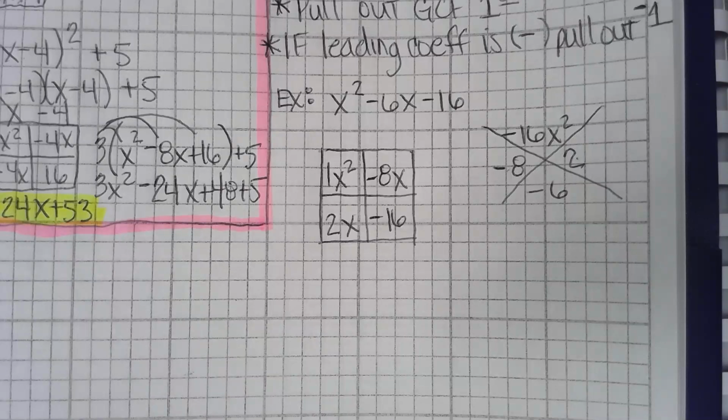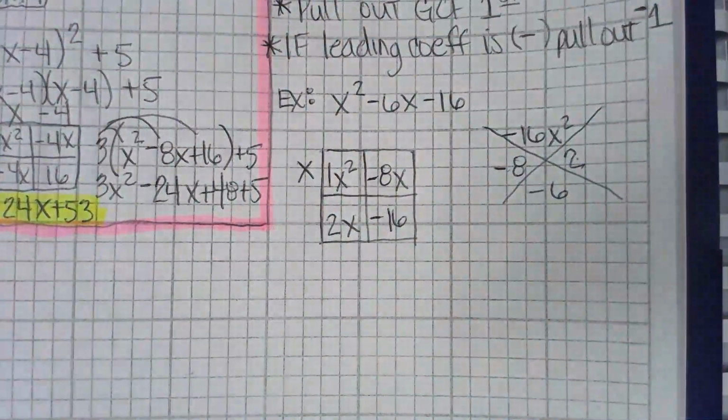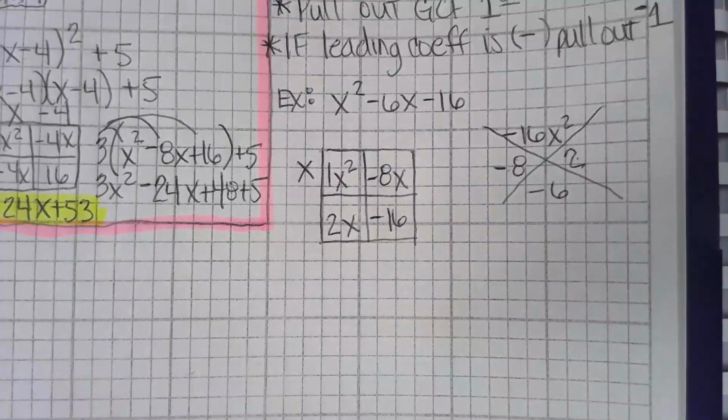Everybody watch, this is important. See how there's an X in both? So I'm not going to worry about the one part, but I'm going to pull the X out right there.